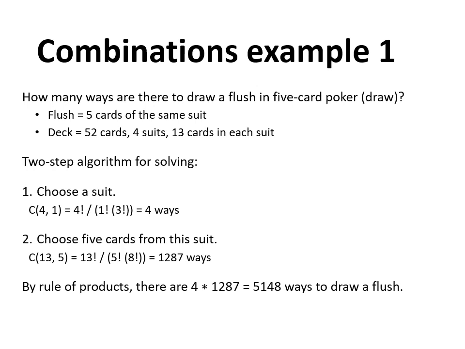Then we're going to choose 5 cards from this suit, because any 5 cards, and the order doesn't matter, constitutes a flush. So we're going to choose 5 out of 13, and that's 1287 ways. And now by the rule of products, we multiply these, and there are 5,148 ways to draw a flush.